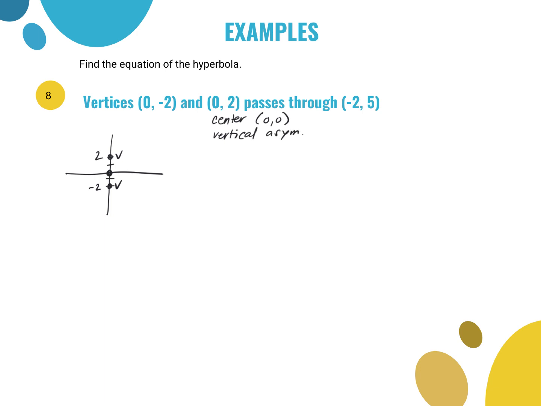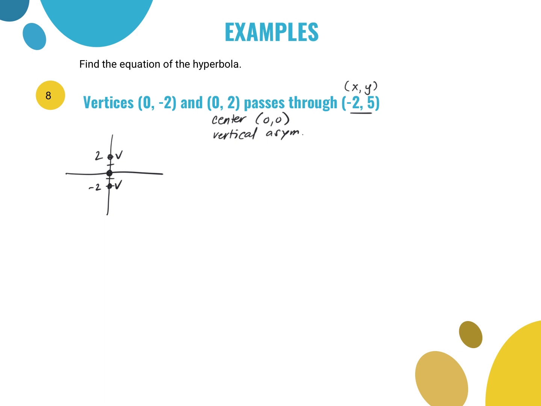It tells me that a point it's going to go through is -2 and 5. And so again, that's going to be a y value that I might be able to use in the future. This is one of the ordered pairs that happens to be on one of these hyperbolas.